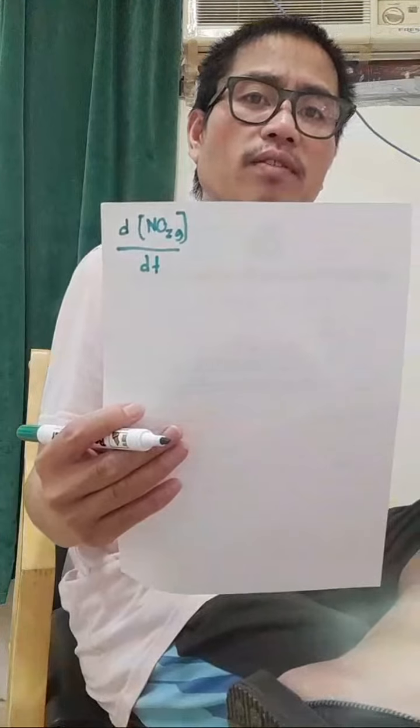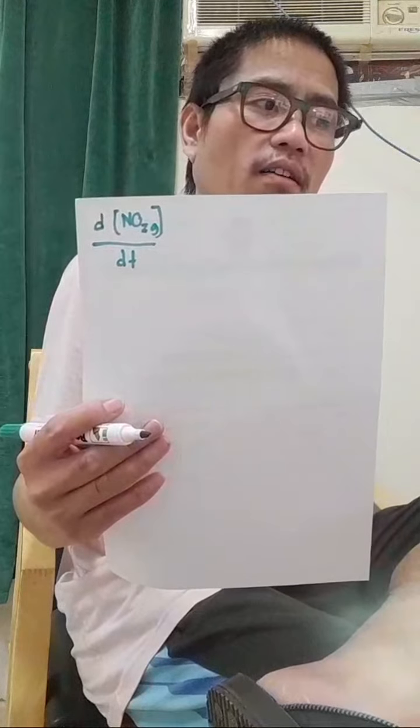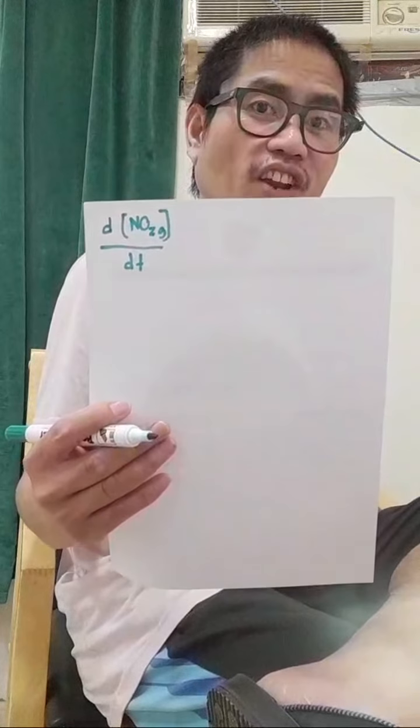There is always a denominator of time if we talk about the rate, and this is also the concentration, like the reaction rate. So it's given 7.34 times 10 to the negative 3 mole per liter per minute.